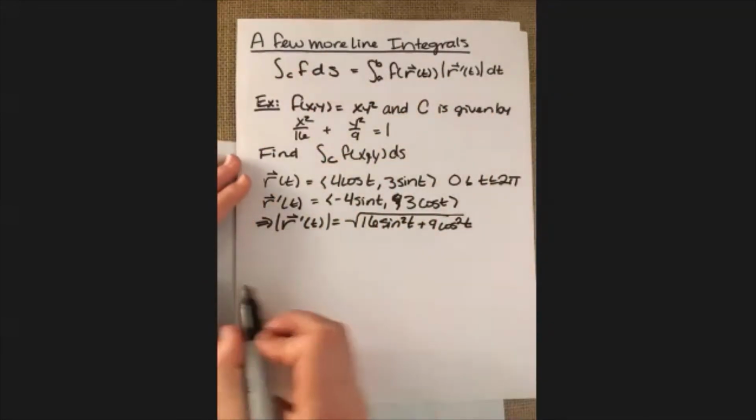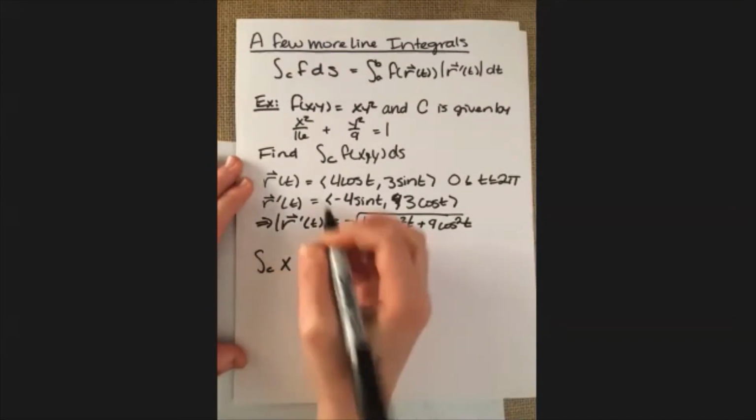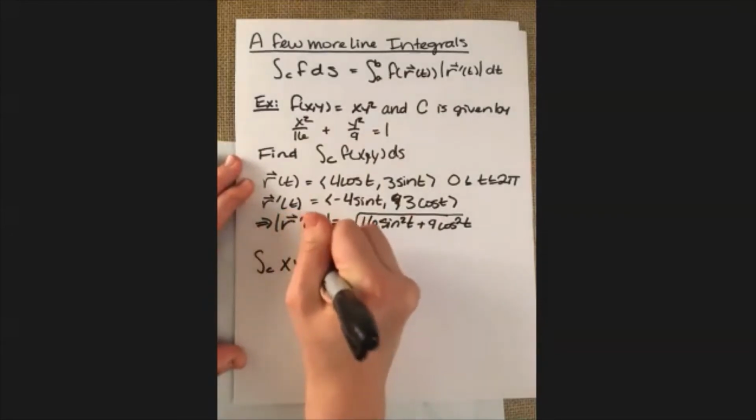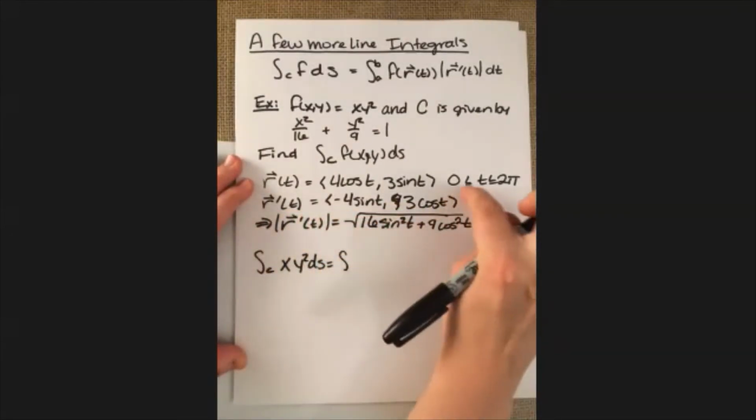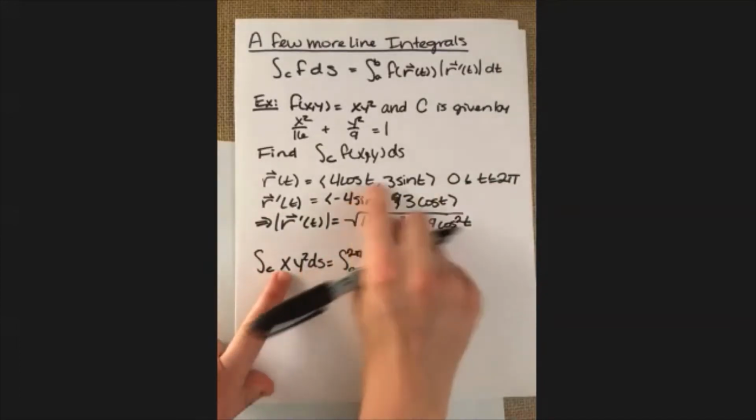So our integral over the curve of x y squared ds is now going to become the integral from 0 to 2 pi. And then I have to swap out my x and y squared for what I found here.